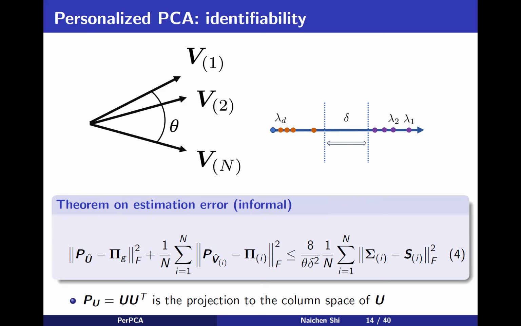This statistical error depends on the misalignment parameter theta, on the eigengap, which characterizes how the signal differs from the noise in the covariance matrix, and also on the difference between the sample covariance and the population covariance matrix.